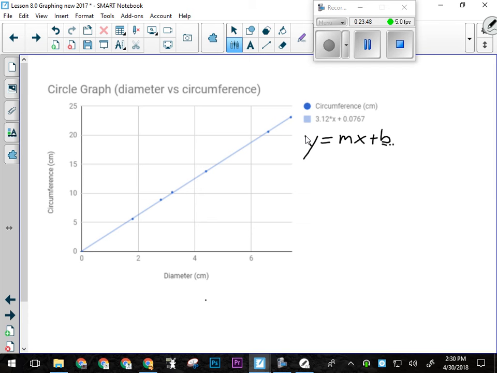What I do to one side, I do to the other, and I move what's not attached first. Minus b first. Okay, b is not attached to x, so I would go y minus b equals m times x. Looking for x, so what do I do with m? Divide both sides by it. All right, now I'm solving for x. So it allows me to find things that might not be on the graph using the information that is on the graph.